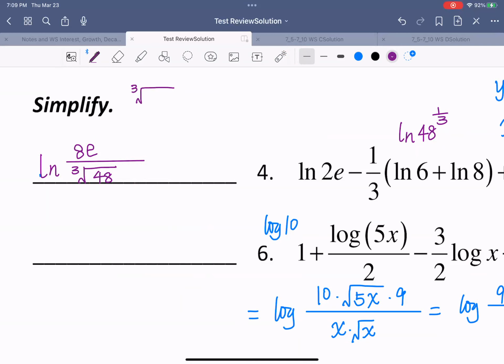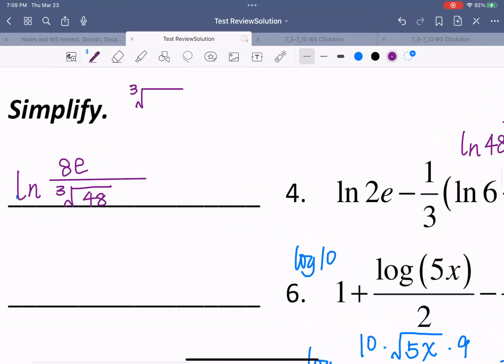We don't need to multiply by such a big number. Let's see, 48 is what times what? 8 times 6. 8 is already a perfect cube, so we don't need to multiply by this. We only multiply by 6 squared. It's good enough. Make sense?